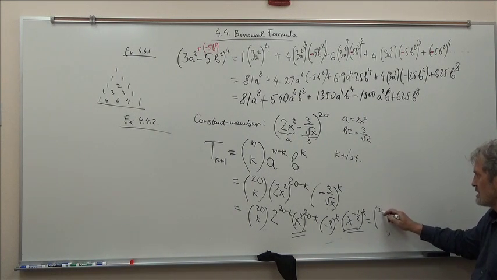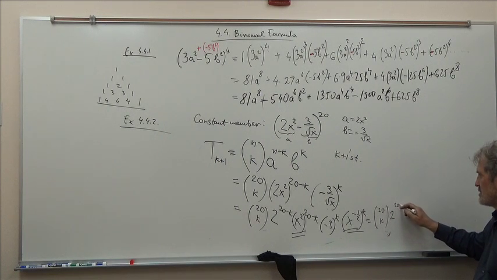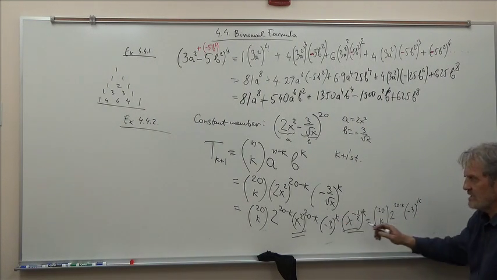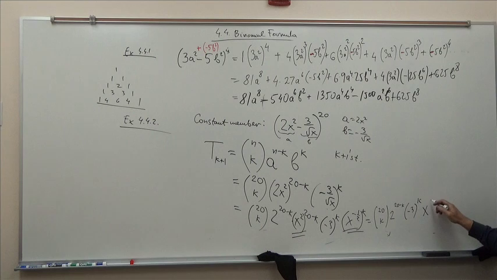Say the following: 20 choose k, 2 to the 20 minus k, times negative 3 to the k. And here I multiply for repeated powers. I have x to the 40 minus 2k times x to the negative 1/2 k.